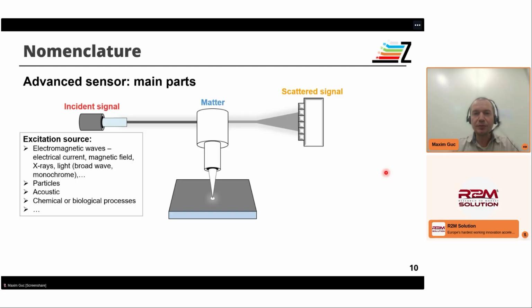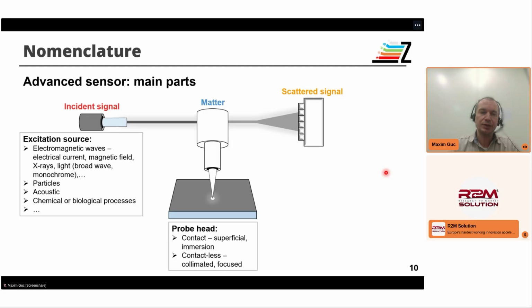Then we have some probe heads. These are the parts of the sensor that directly interact with our samples or materials by sending this incident signal and then collecting the scattered signal.